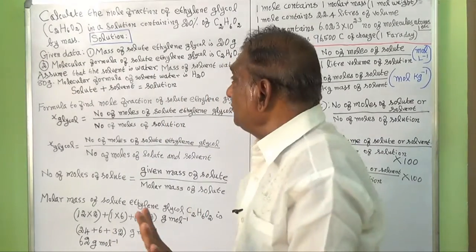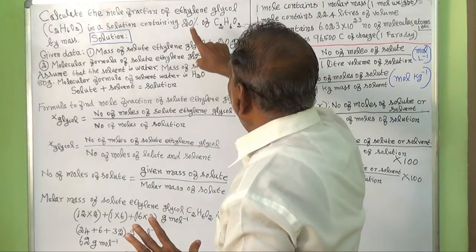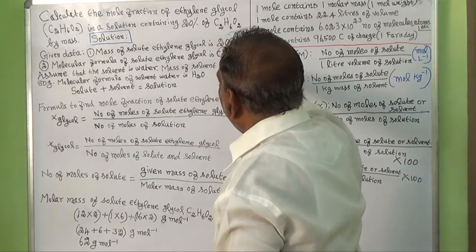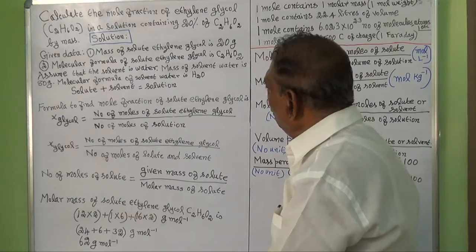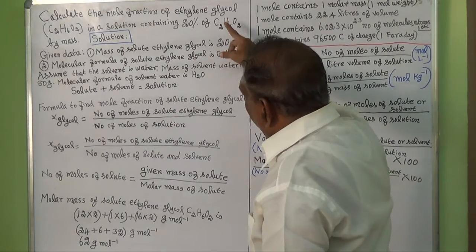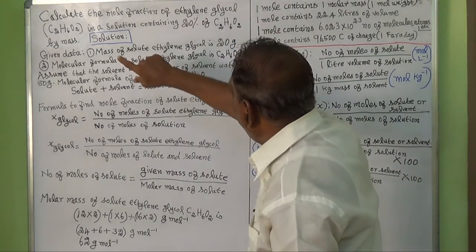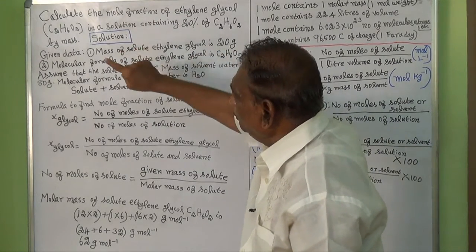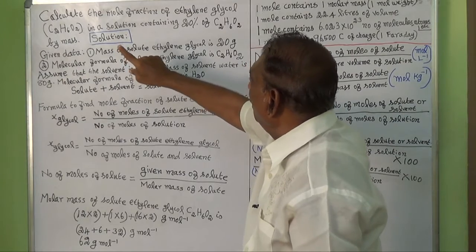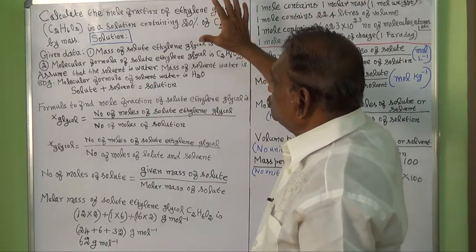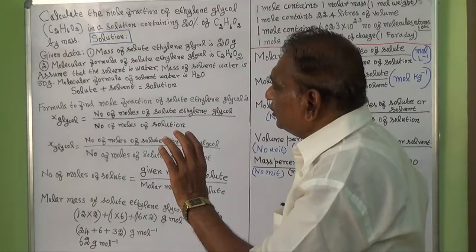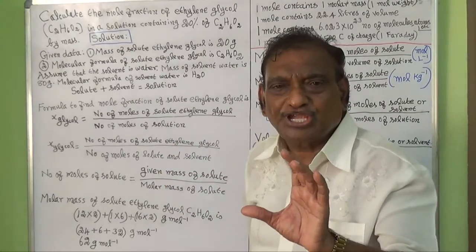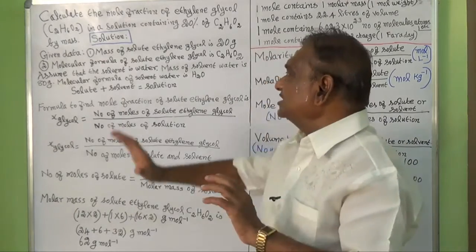In this sum, the mass of the solute dissolved is given as 20 gram. The chemical name of the solute, ethylene glycol, and also the molecular formula of the solute, ethylene glycol, that is C2H6O2, are given, so both the particulars we need to find the number of moles have been supplied in the sum.